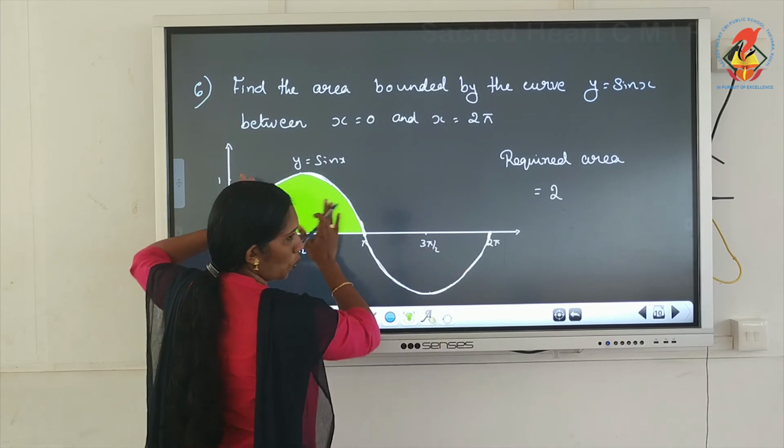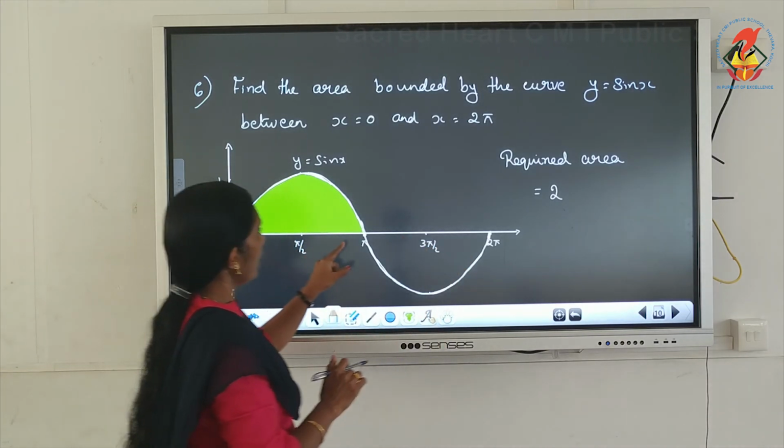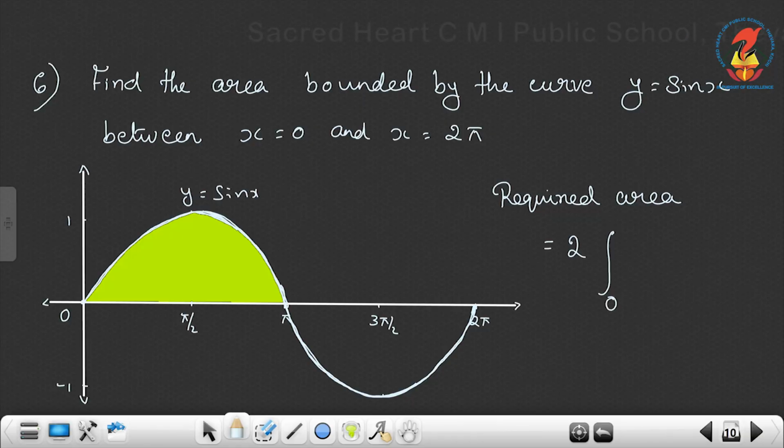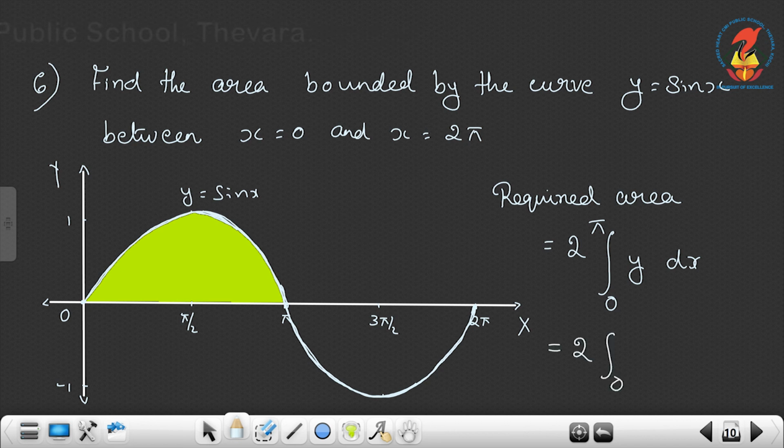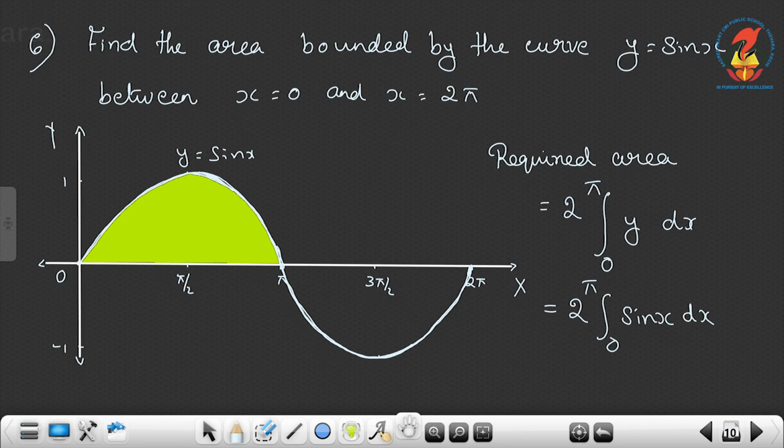Both are equal, symmetric. So we can write 2 times integral 0 to pi y dx. We are using x coordinates, this is x and this is y. Then what is y? y is sin x. The curve is sin x. Sin x dx.